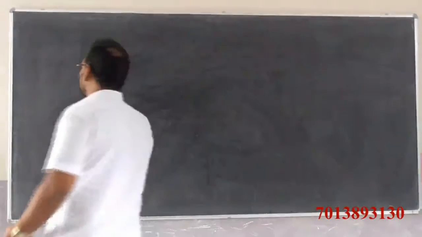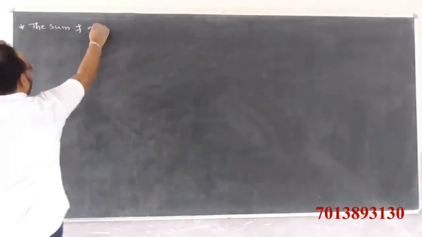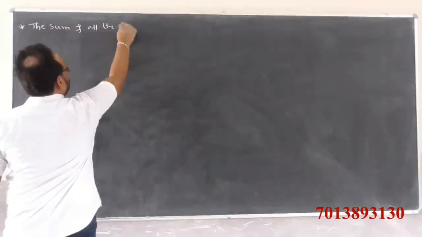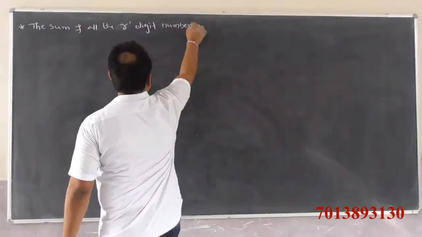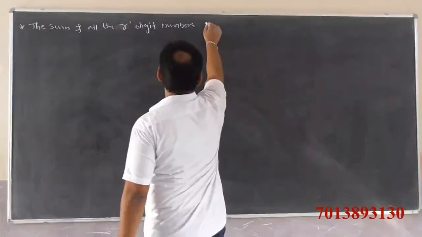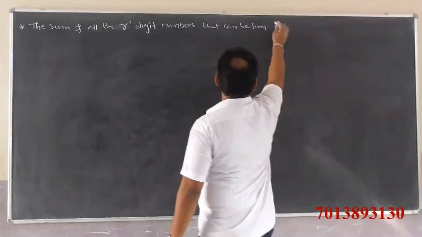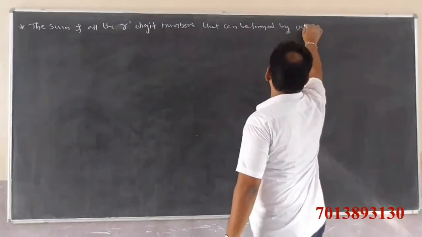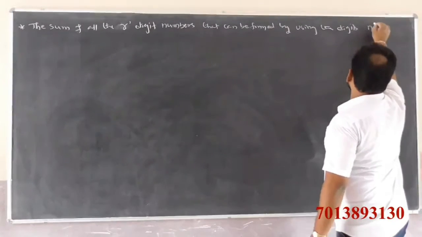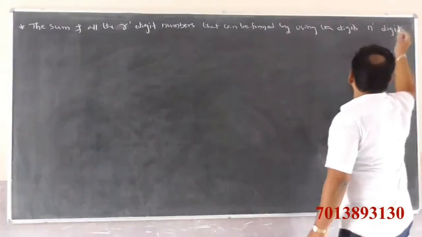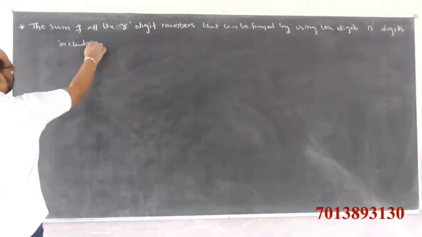Observe here the next formula: the sum of all the r-digit numbers that can be formed by using n different digits, including 0.